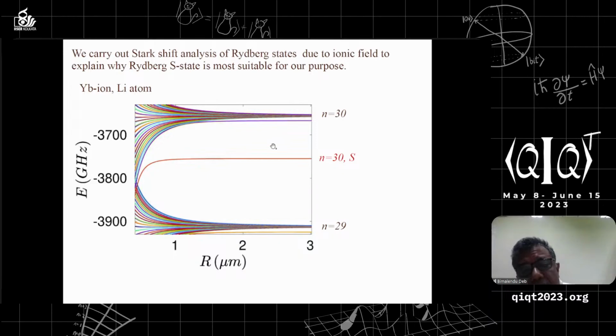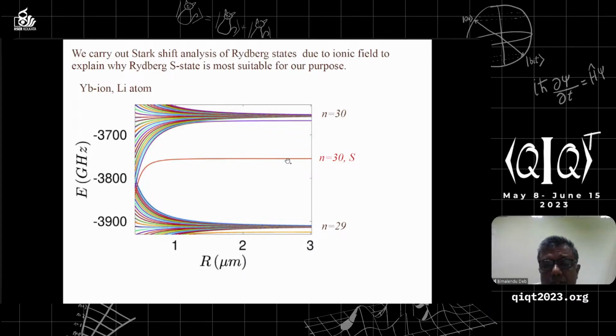Okay. For the P or other states, so many states are coupled. And for the S state, of course, there is some shift, but that is negligible.